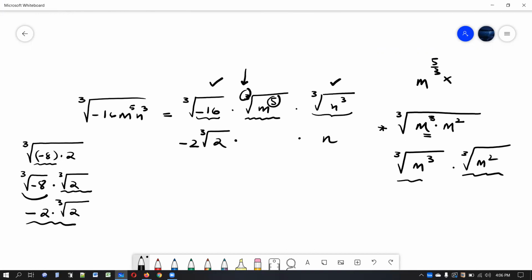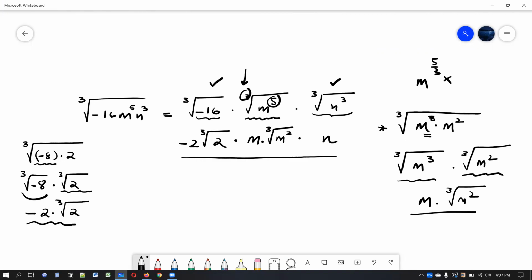So this is m, and this stays the same. So now this goes over here. m times the cubic root of m squared. And now you rearrange this for your final answer.